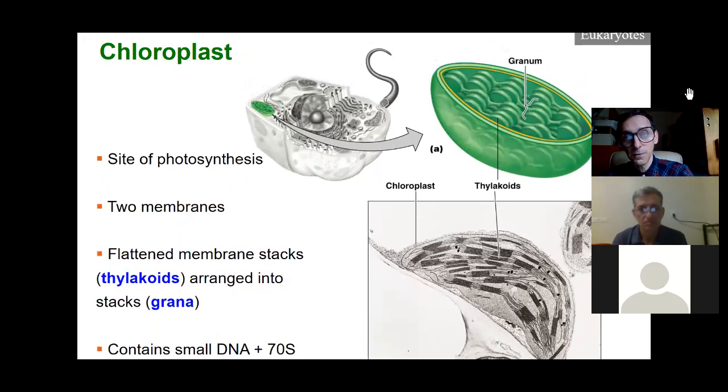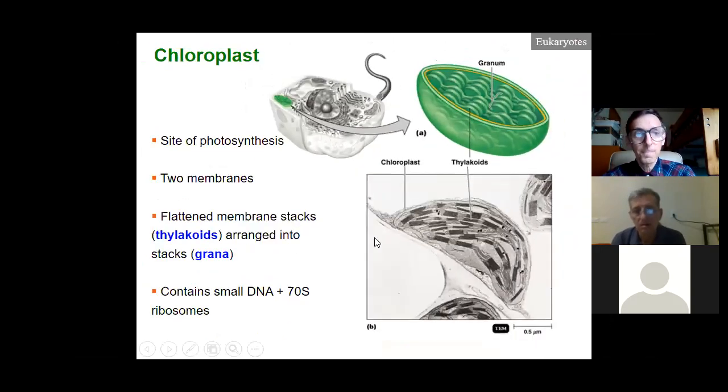So here you're looking at the inner membrane of the granum in an actual electron microscopic image. And it's very hard to tell what's inside the granum and what's outside the granum. The flattened membrane stacks, the thylakoids, arrange into the granum, and this is where the plant cell engages in photosynthesis.